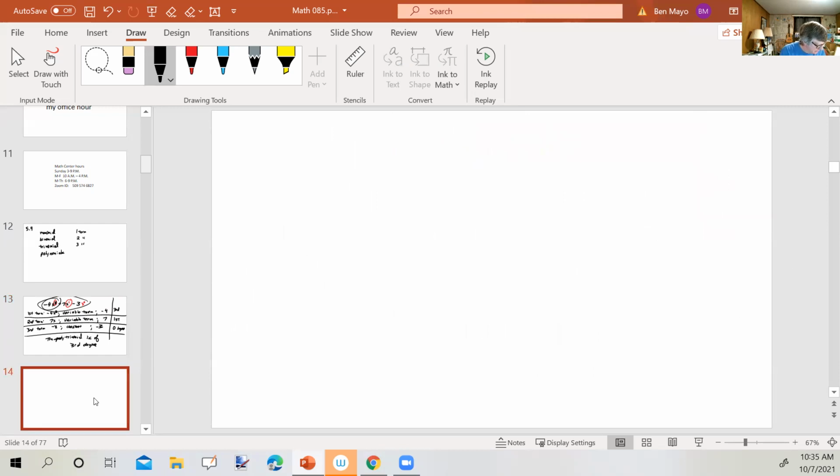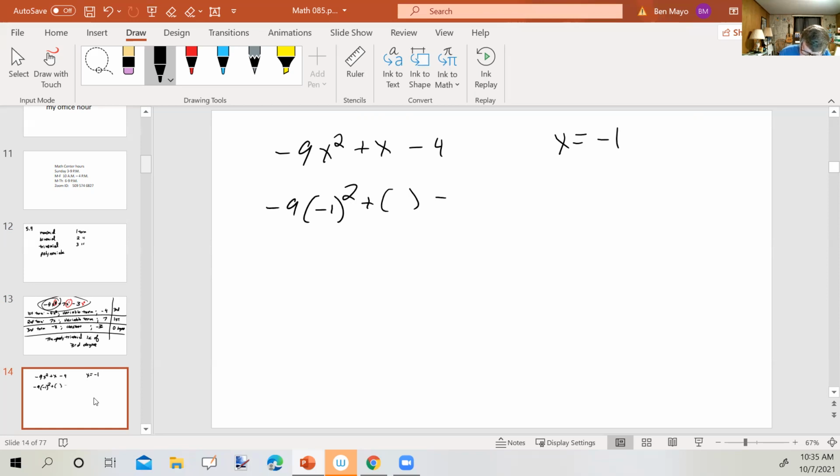Next, we had some things to do with evaluating an expression. And the thing I want to stress here, we've got negative 9x squared plus x minus 4, and we are to evaluate it for x equals negative 1. When you are substituting a number in the place of a variable, you should always put parentheses around that substitution. So this becomes that plus that minus that, okay?